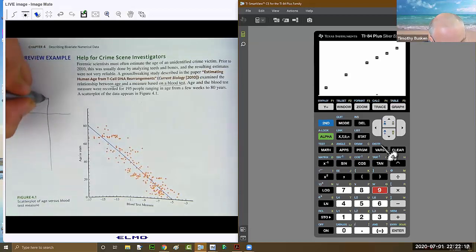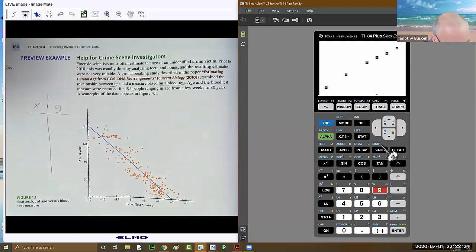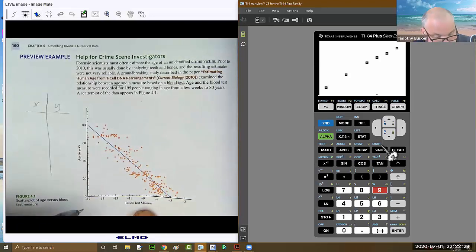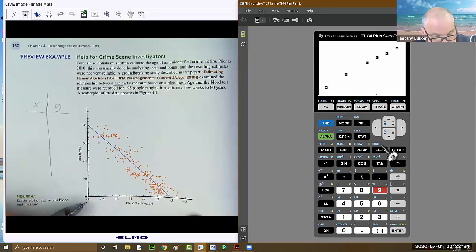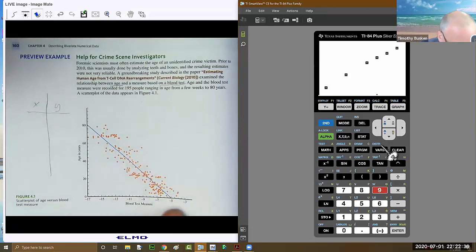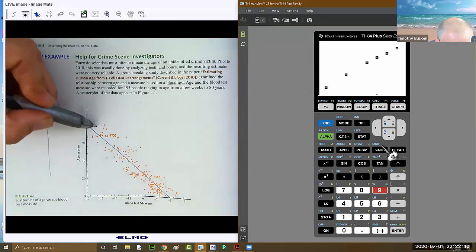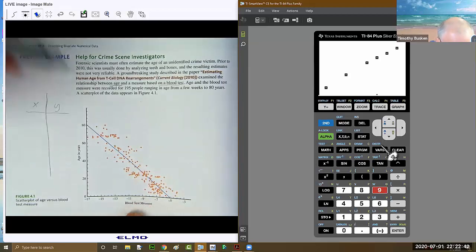It's a list of bivariate data, X and Y data, and your X value is, of course, your blood test measure down here. Okay, and it looks like for the study participants, that was ranging between -17 and roughly -3 here. So each one of these dots represents a person's blood test measure and their age.